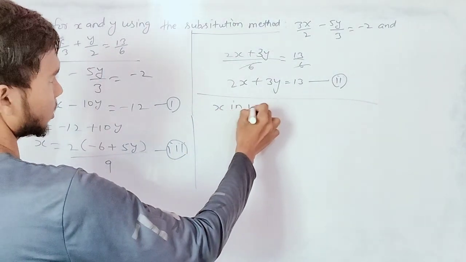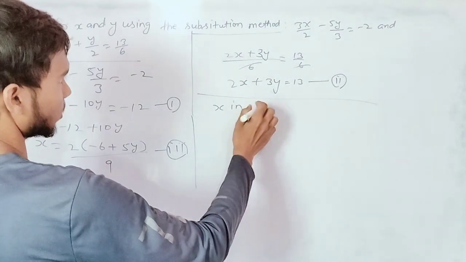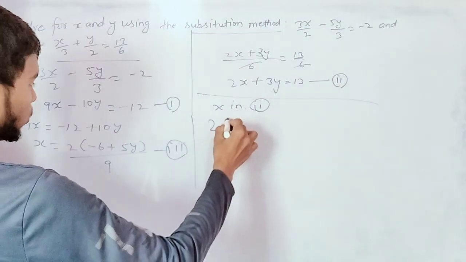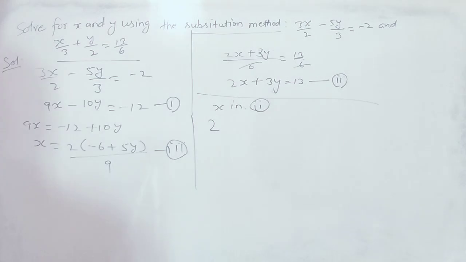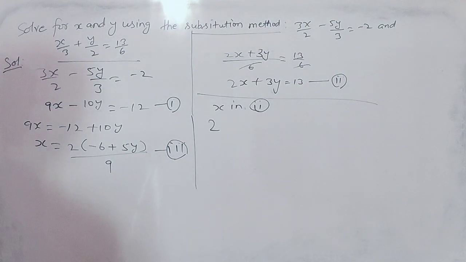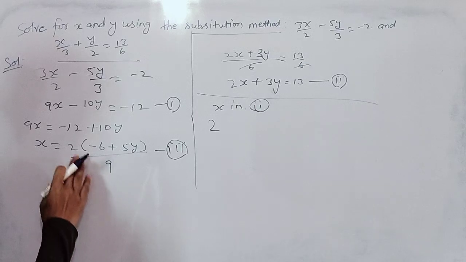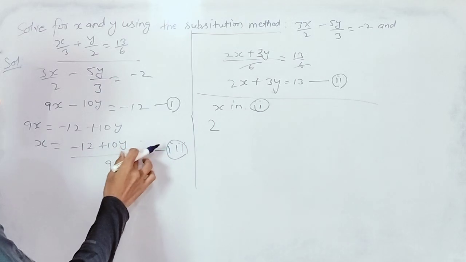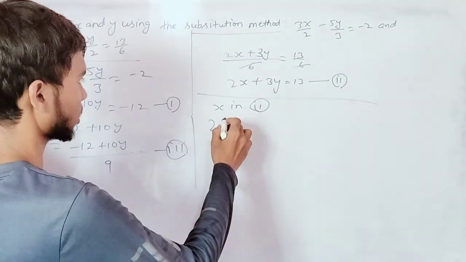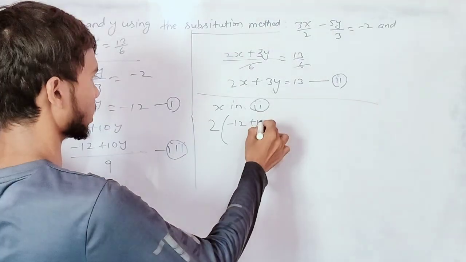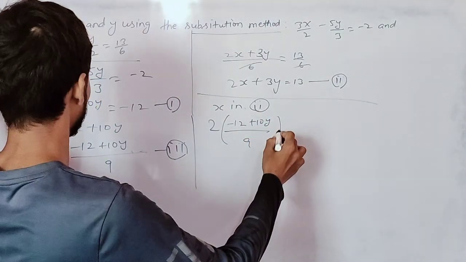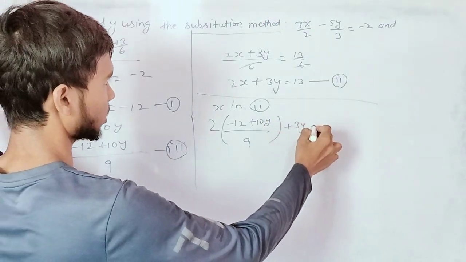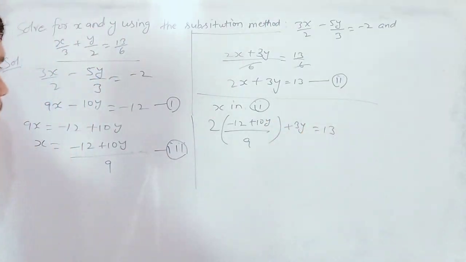So x from the third equation into the second equation: 2 times minus 12 plus 10y upon 9, plus 3y is equal to 13.